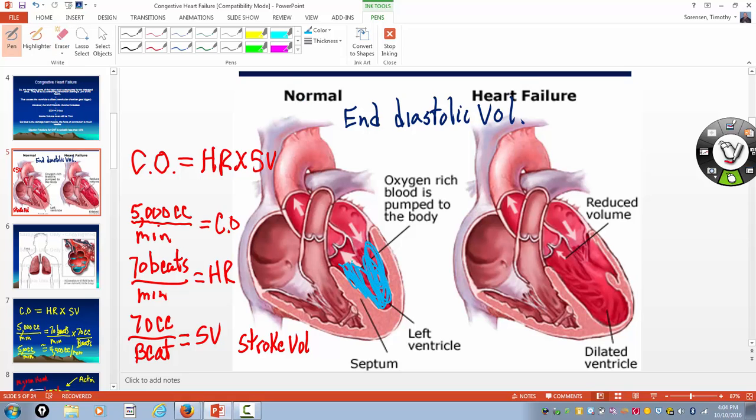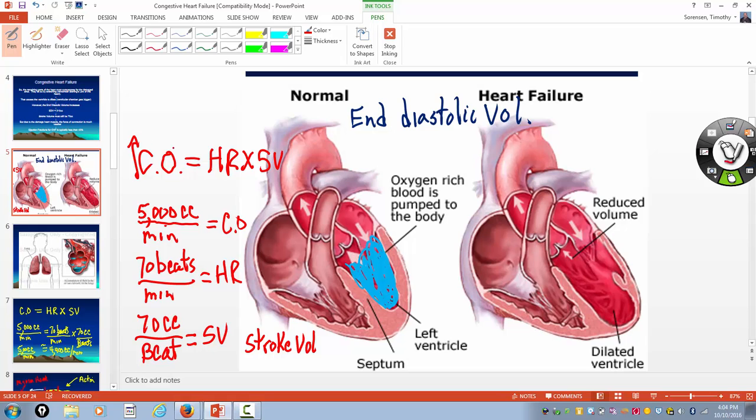So how do you know your heart is working harder? Well, how do you increase cardiac output? There's several ways. You can increase the heart rate and keep the stroke volume the same, or you can keep the heart rate the same and increase your stroke volume, or you can do both, and we do both.